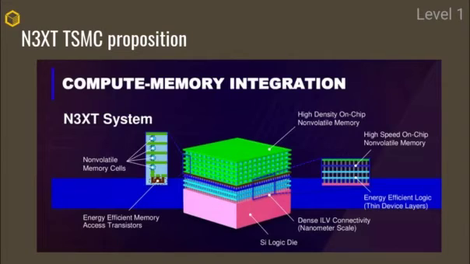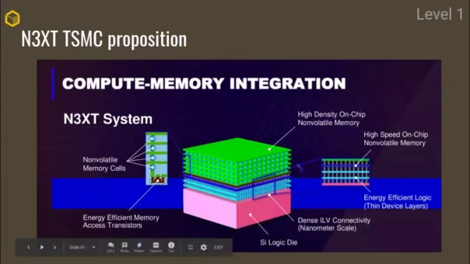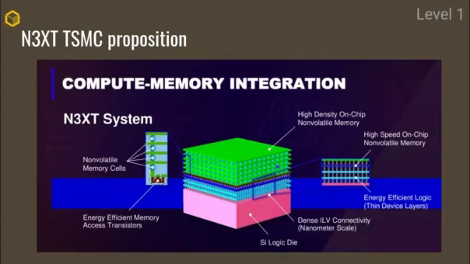The main idea behind Next is that the top section of your chip is used to store the memory cells. Then you have a sandwich of different layers. You have here some interconnect.